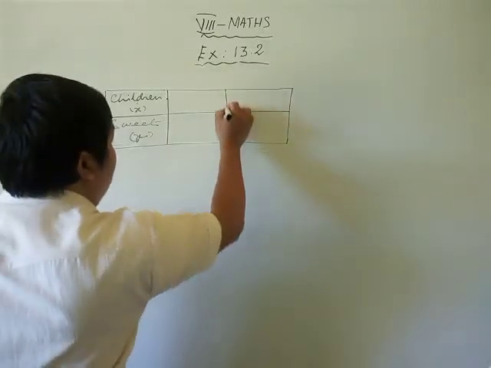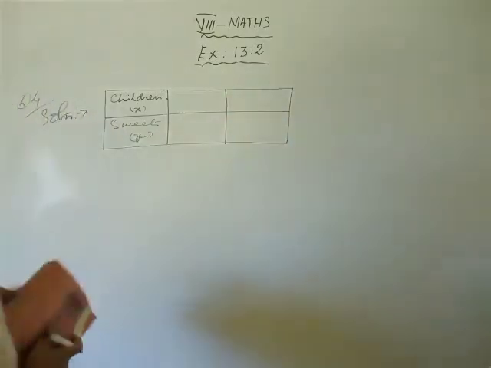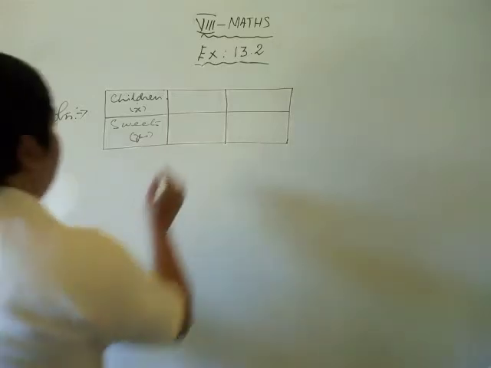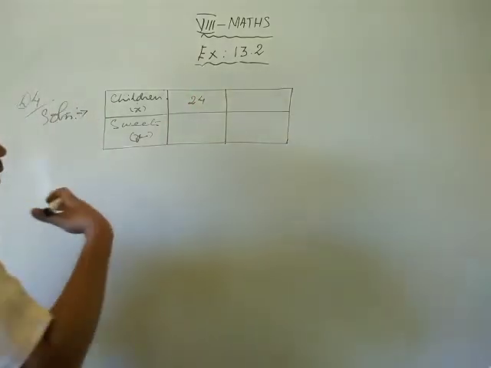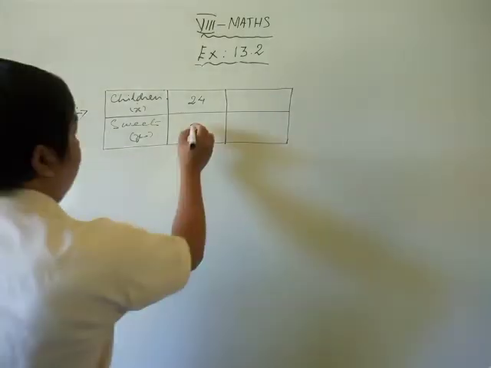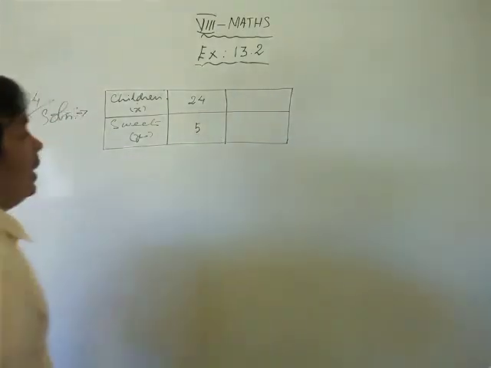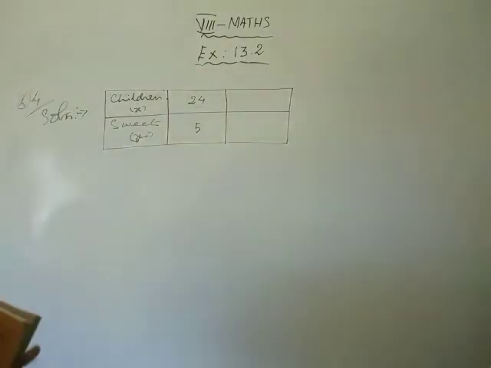Here there are 24 children, and one box of sweets is distributed among them. Each of them is getting 5 sweets.